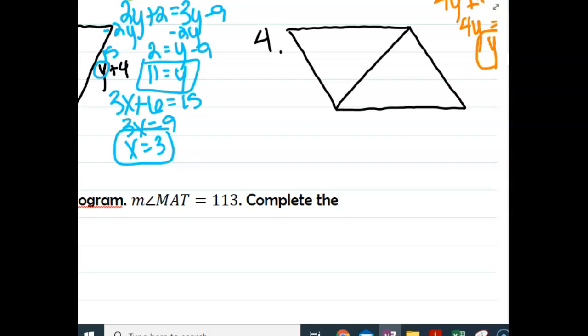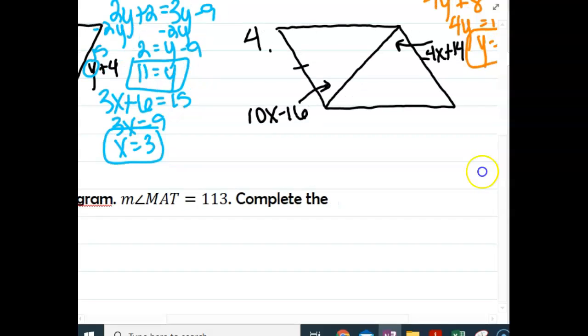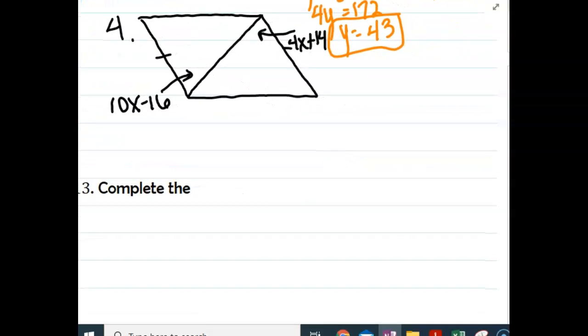Now the things they're going to give me for this one is we're going to say the left side is congruent to the right side. And this angle right here is going to be 10x minus 16. And this angle right here is 4x plus 14.